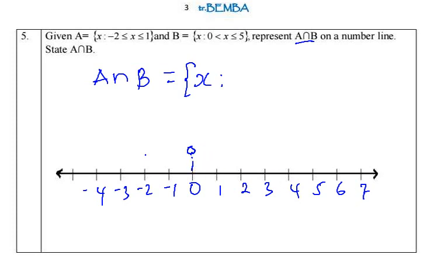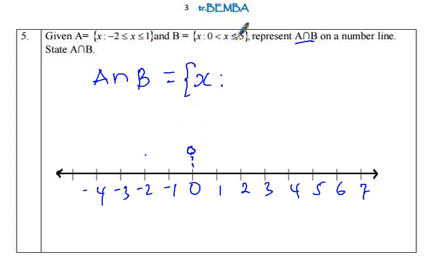I want to use just a dotted line there. And now since 0 is not in the second set, that means even in the intersection it will not be there. So we draw here a small 0 and we are not going to shade it to show that it's not part of the solution.